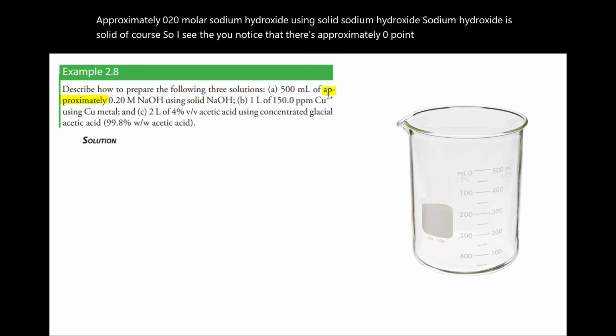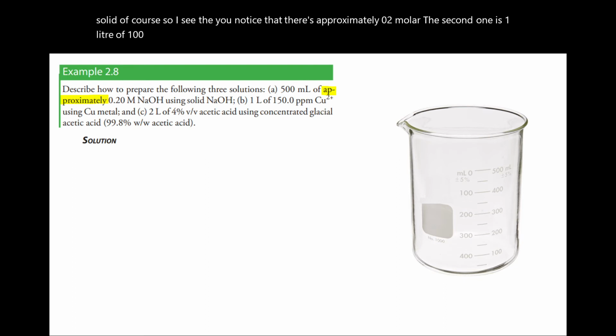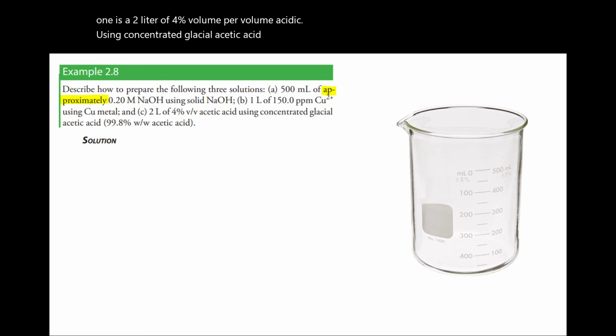The second one is 1 liter of 150.0 parts per million copper solution using copper metal. And the third one is 2 liters of 4% volume per volume acetic acid using concentrated glacial acetic acid, which is 99.8% acetic acid.